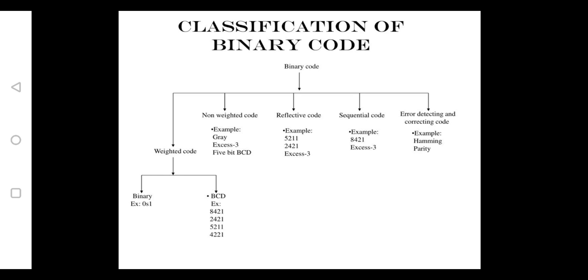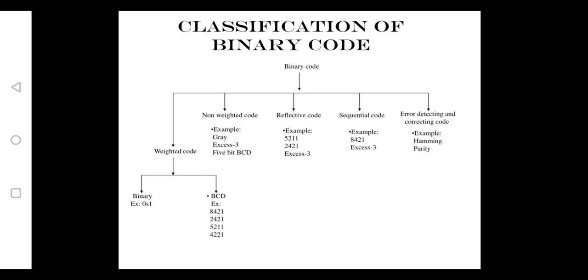First, 10 in binary. For decimal to binary conversion, we divide 10 by 2. 2 5s are 10, remainder 0. 2 2s are 4, remainder 1. 2 1s are 1, remainder 0. So the 10 equivalent in binary is 1010.